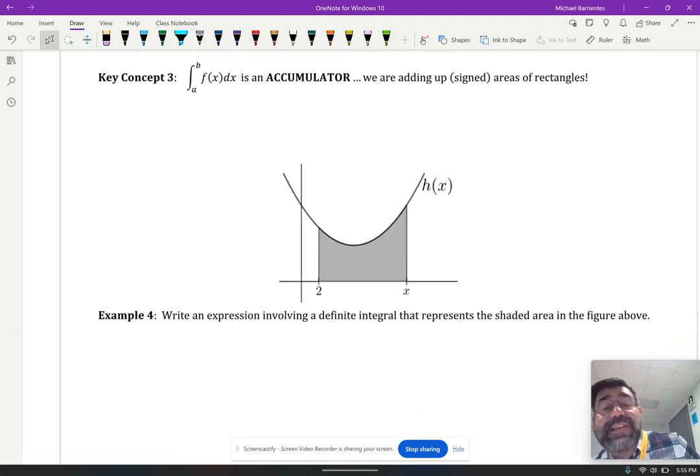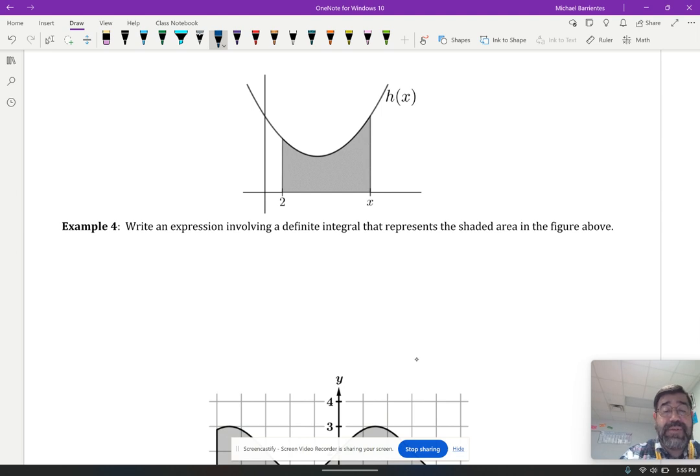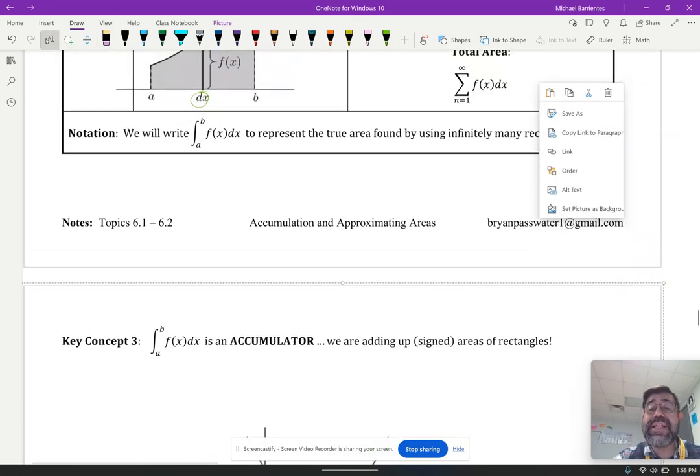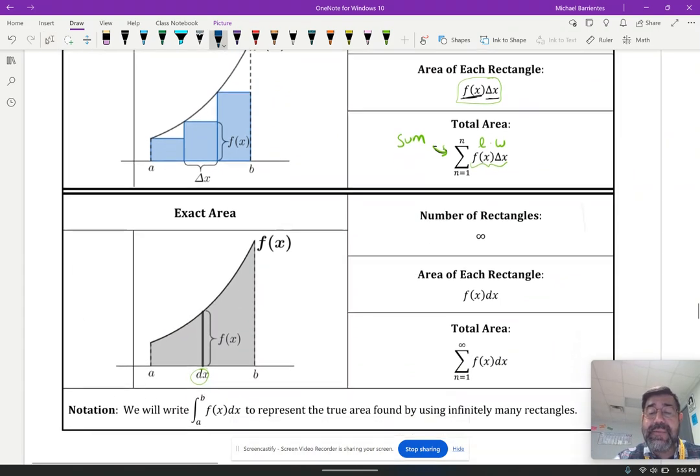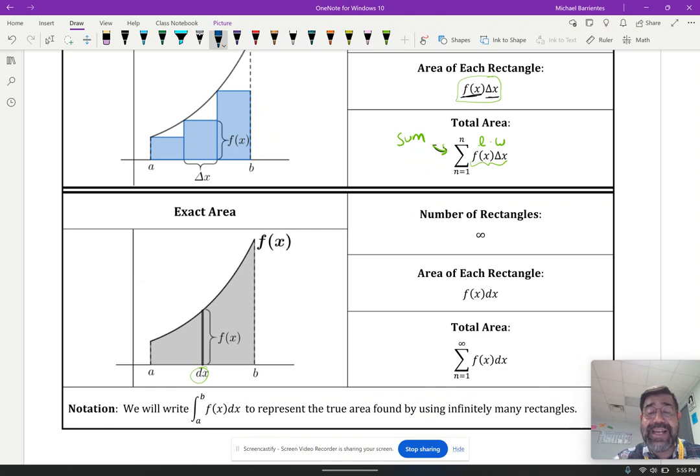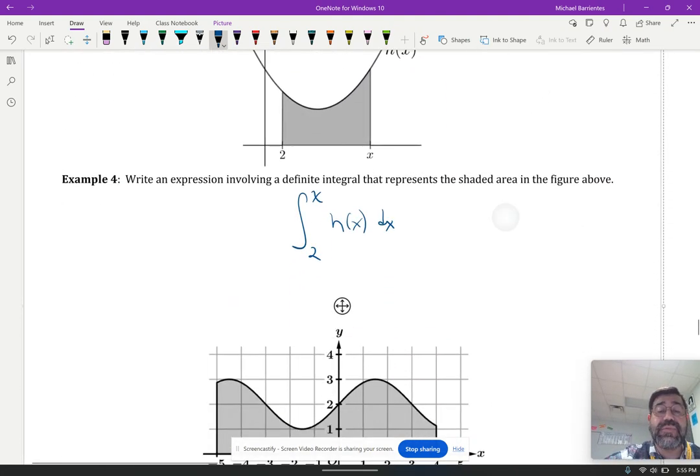All right, so then the last thing is, whenever we see this definite integral, again, we're accumulating change, we're adding up area. Whenever we see something like this, what we're really doing is the area from 2 to some number x of this function h of x dx. Hey, did you notice that f of x and delta x become f of x and dx in the definite integral symbol world?